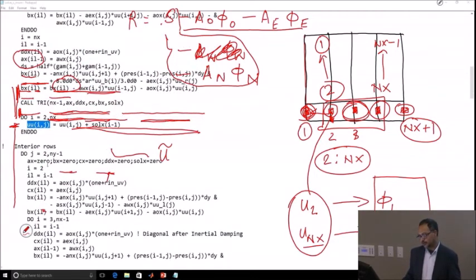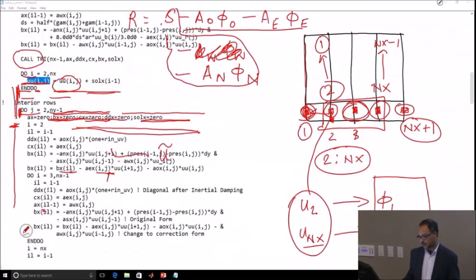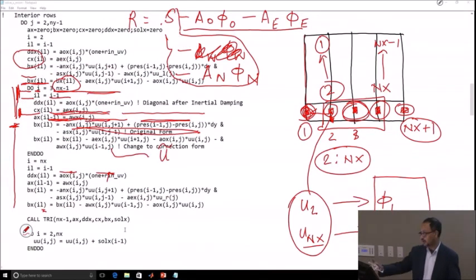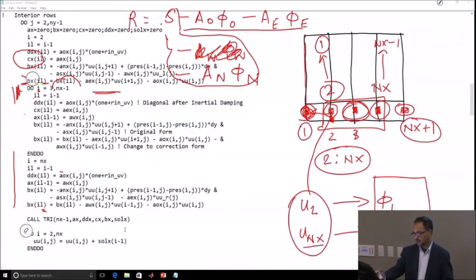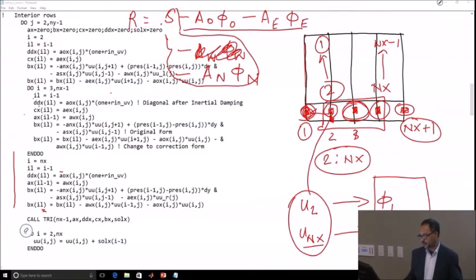And then, you continue with that. Next, you do the interior rows. Same idea. You will have different terms and so on. Let me just wipe this out so it's easy to see. I mean, the interior nodes, it's pretty straightforward. You see you have a diagonal here, right there. Right there, I have a diagonal. Okay, here is my eastern coefficient, western coefficient, and then again, the right-hand side has the pressure source, the northern coefficient, and the southern coefficient.